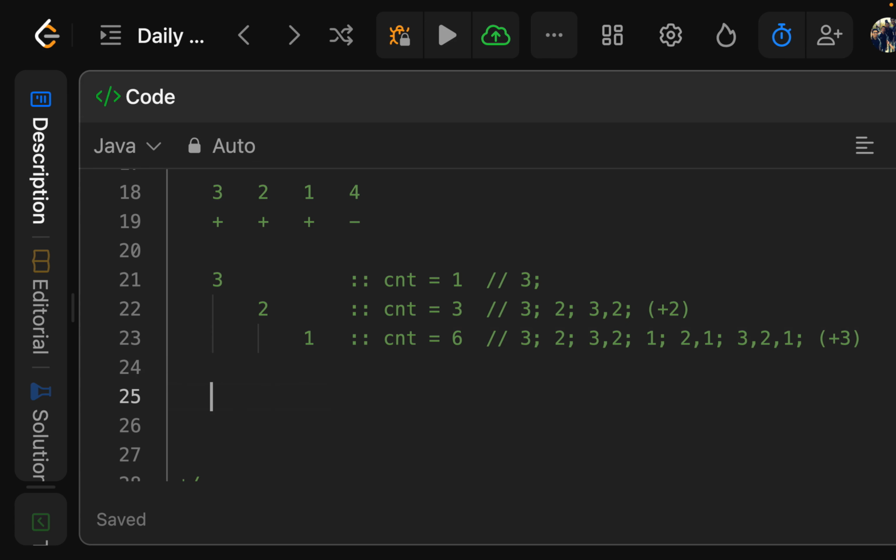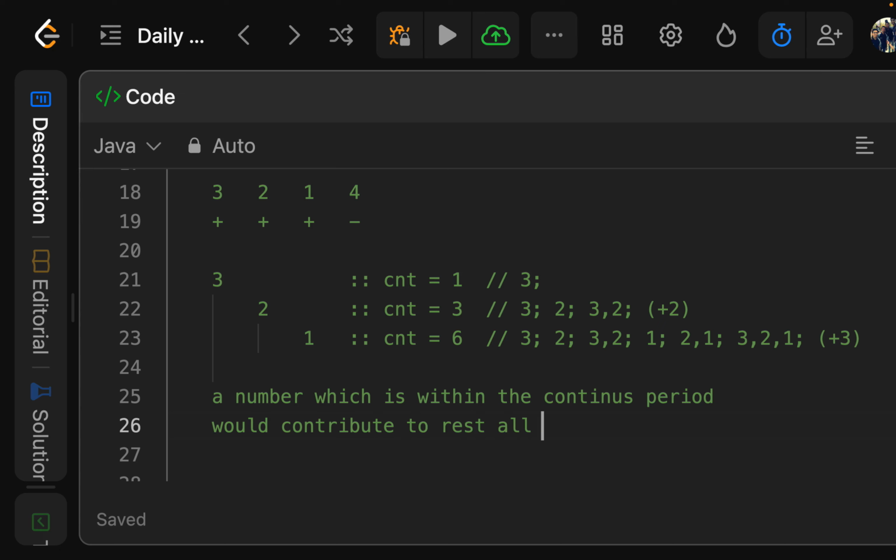And the pattern here is nothing much, that a new number which is within the continuous period would contribute to rest all continuous period elements.